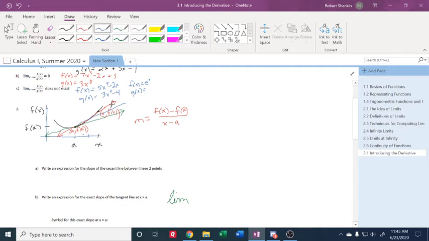If we could bring it even closer, we'd get an even better approximation of the slope of the green line. So we're going to take the limit as x approaches a of the same expression.